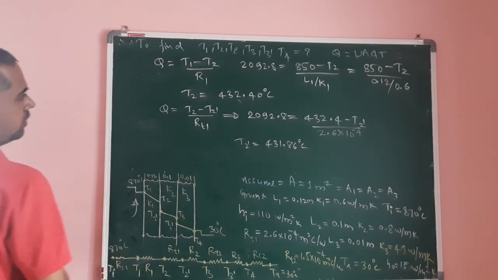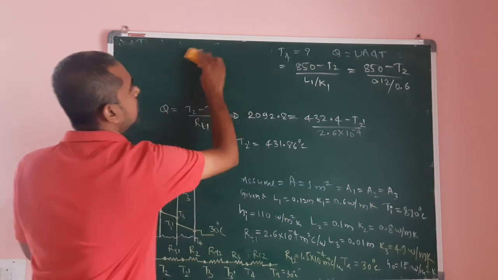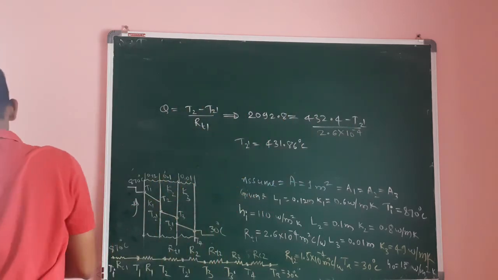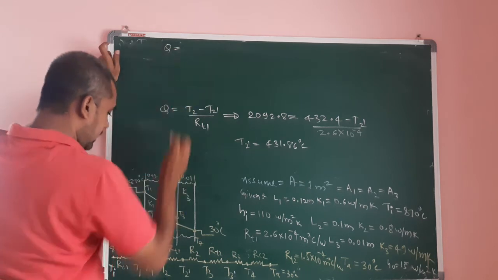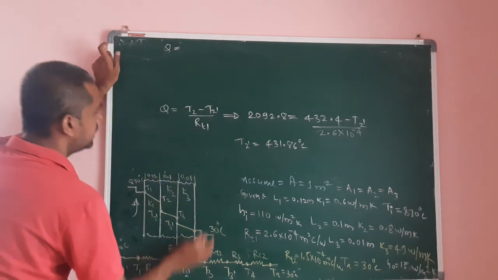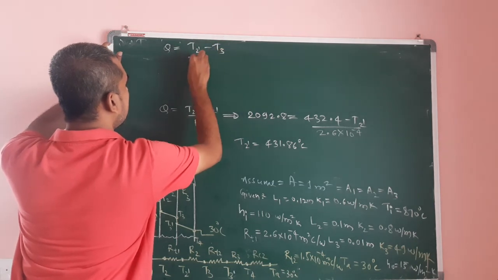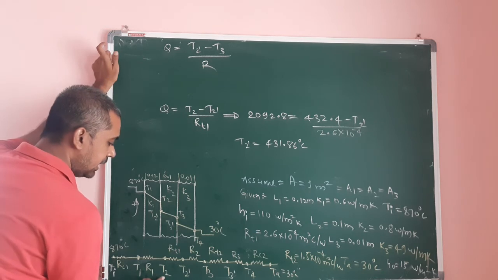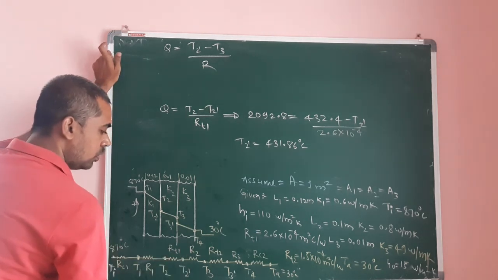In a similar way, from T2 dash to T3 we can calculate. Q is equal to T2 dash minus T3, divided by the thermal resistance between them.